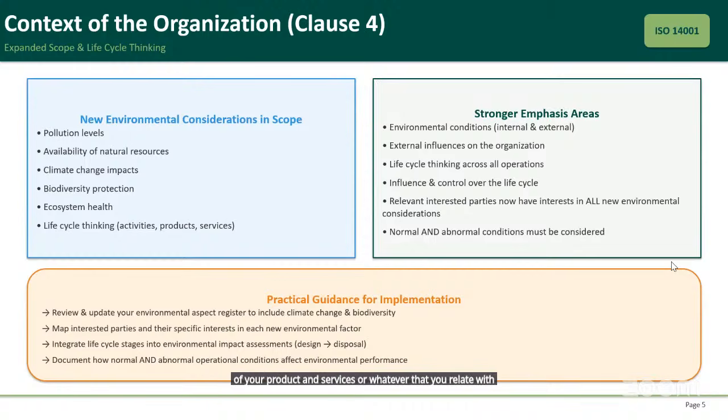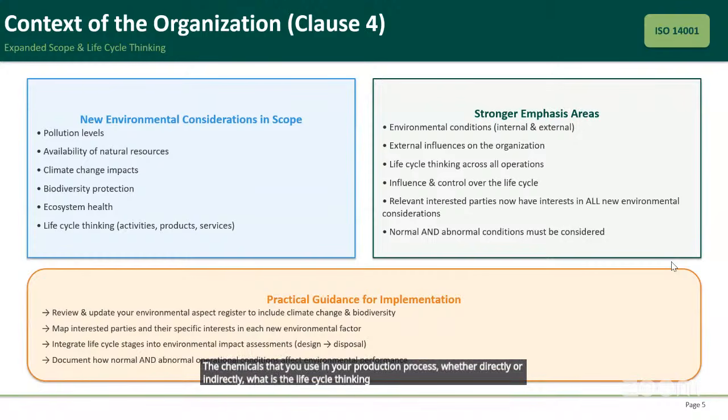Even internally, the equipment that you use. Most times companies think we are only focusing on their product: how is it being used, how do they dispose of it. Even the equipment that you use to produce them, what is the life cycle thinking that you have with it? The chemicals that you use in your production, whether directly or indirectly, what is the life cycle thinking?